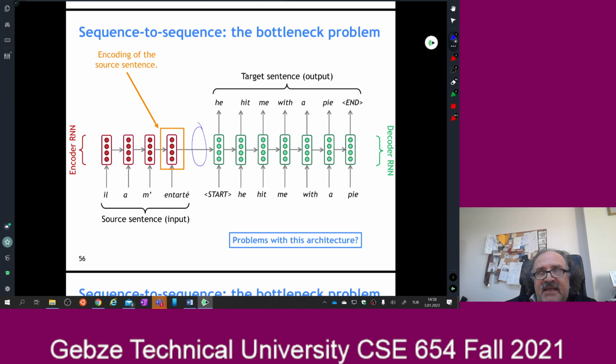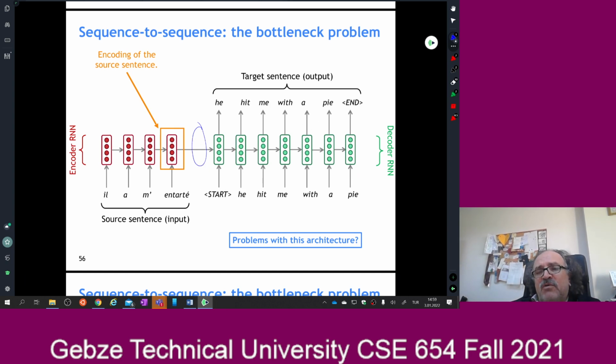I learned this sentence. I input them to my network one by one, and the internal state of this encoder part becomes the input to my decoder part.